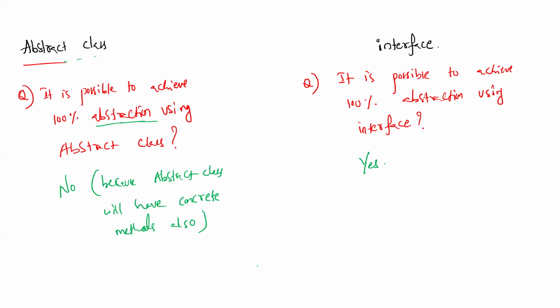You will only come to know the access modifier, return type, method name, and parameters, so that you can use it. But who else is using it is not known. So that's called abstraction through interface. One of the main differences is that achieving 100% abstraction is not possible through an abstract class, but it is possible using interfaces.